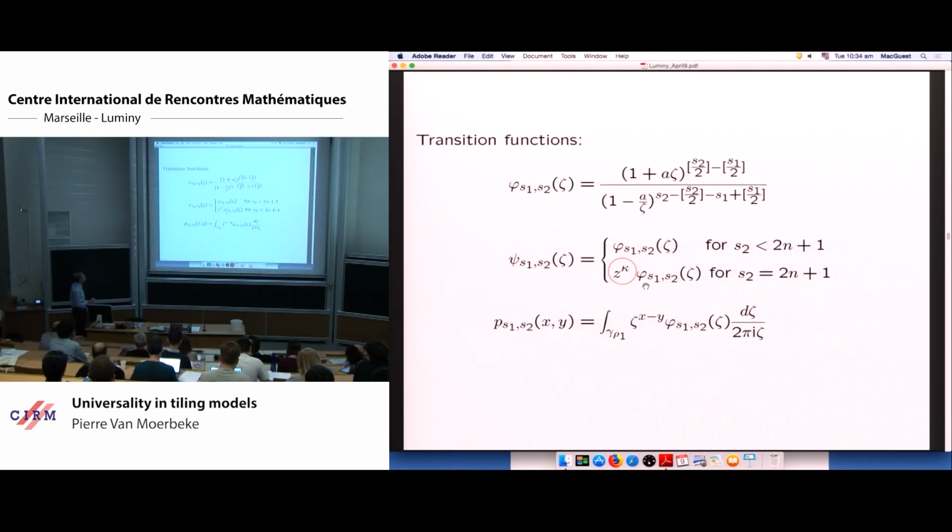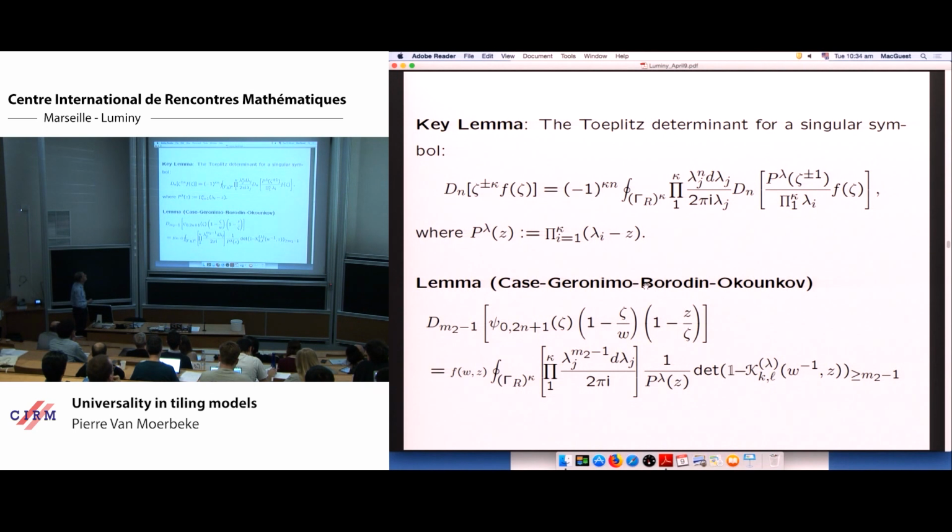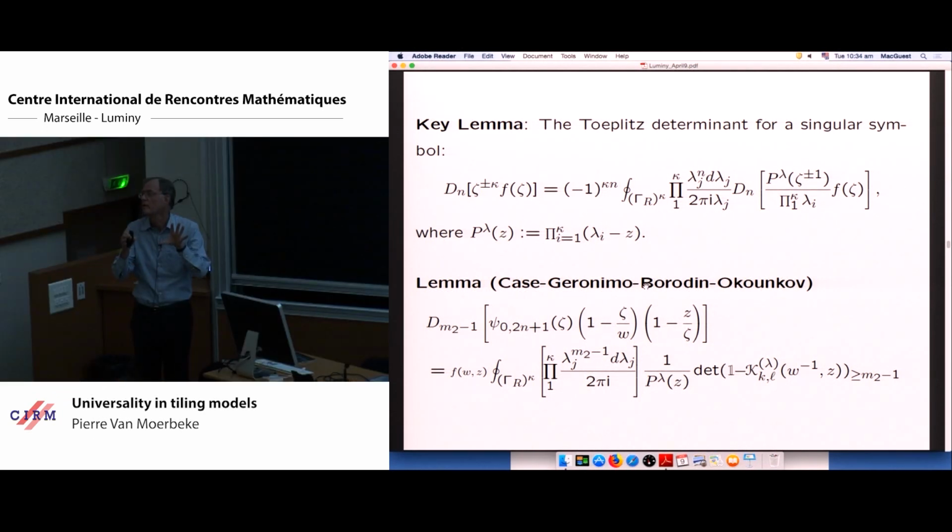It is based on a, I would say, key lemma. That's really what enabled us to do the whole analysis: the tuplets determinant of zeta to the plus or minus kappa, it doesn't matter, f of zeta, is equal to the integral. So what you do, the zeta to the kappa, you blow it up and you integrate.